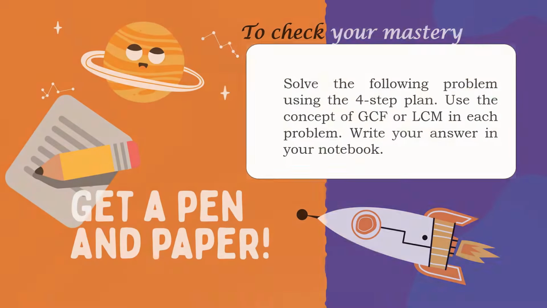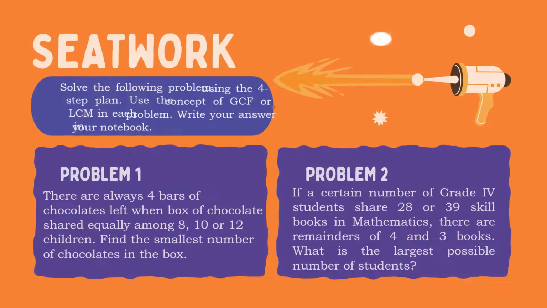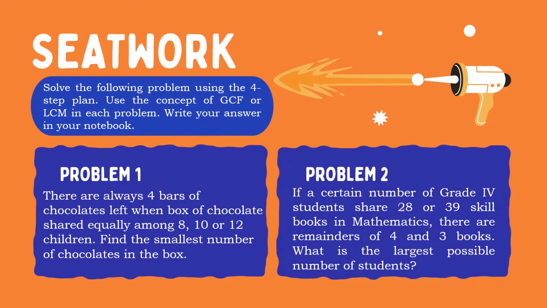Now, get a pen and paper. To check your mastery in 5 minutes, I want you to solve the following word problems using the 4-step plan. Use the concept of GCF or LCM in each problem, and write your answer on your notebook.